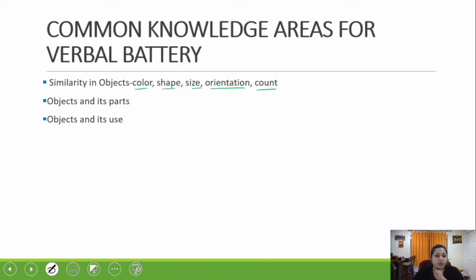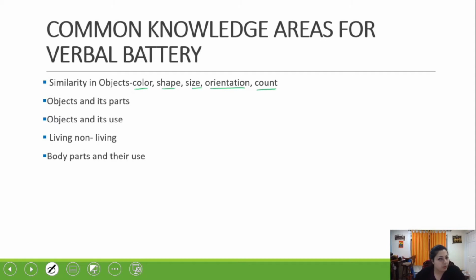Objects and its use. What is the function? Like refrigerator is used to cool things. Oven is to keep things warm or to cook. Living and non-living, so they have to do the category of living things and non-living things. It's pretty simple.